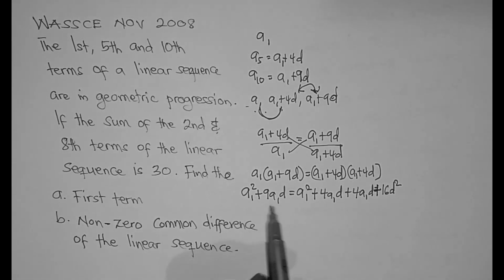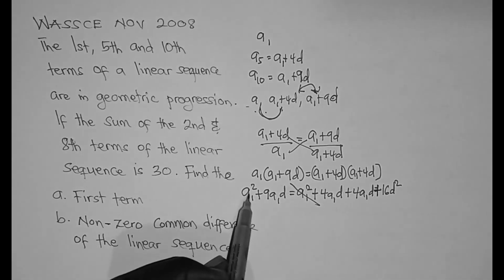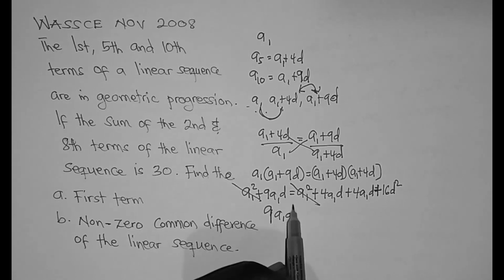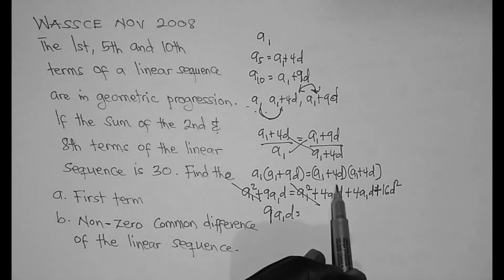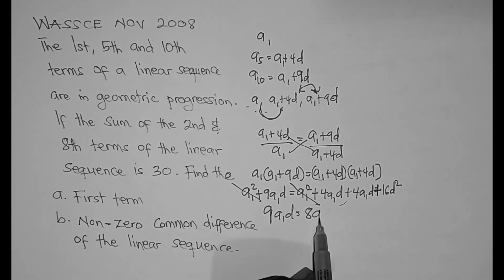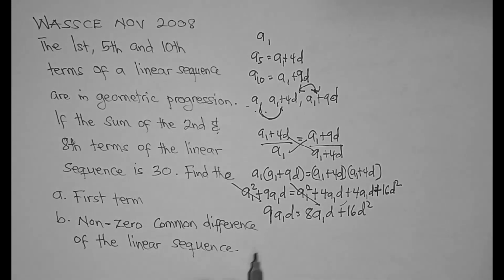So A1 squared and A1 squared can cancel out, so that we will have 9A1D equals 4A1D plus 4A1D equals 8A1D plus 16D squared. So let's bring this 9A1D to the right hand side.